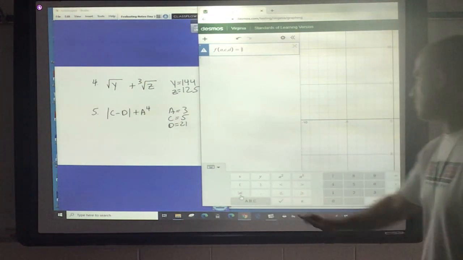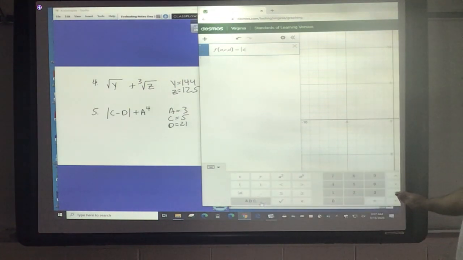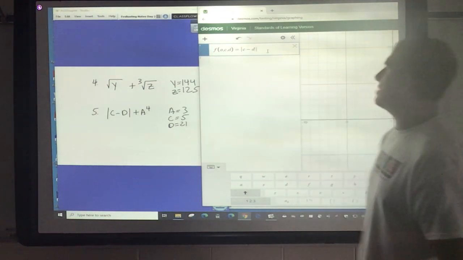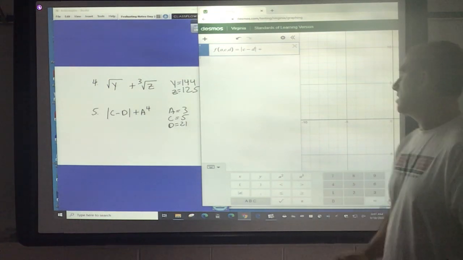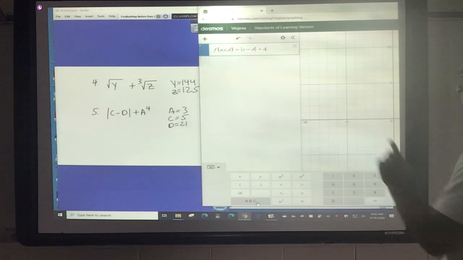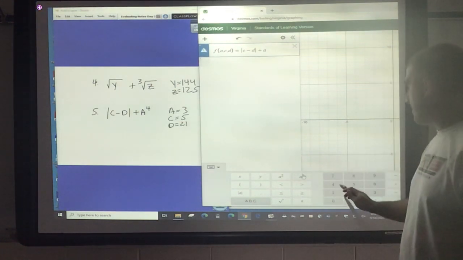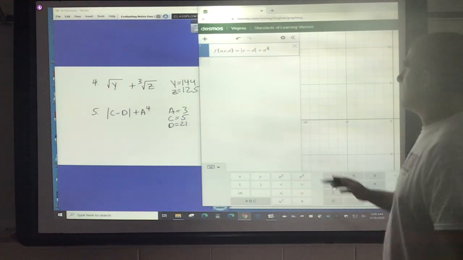So absolute value of C minus D. I'm going to click outside of that. Okay, plus A. All right, now, to make the exponent, I'm going to use this one. So that jumps that up and makes the exponent, and I can put 4. Right there you can create an exponent.